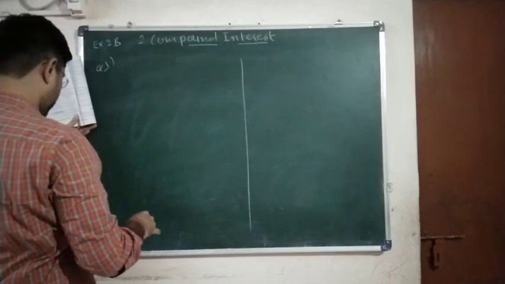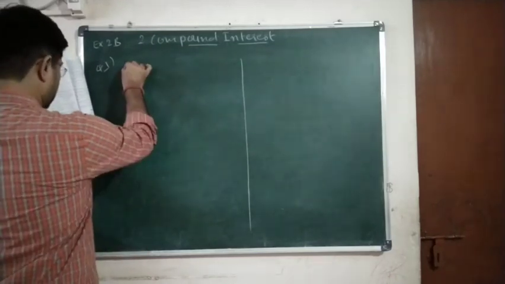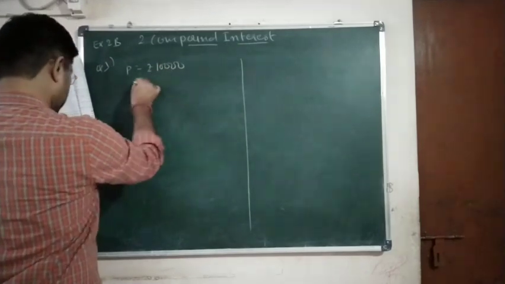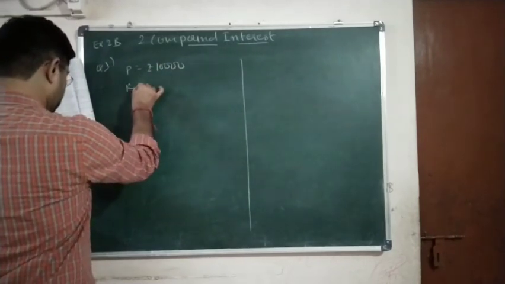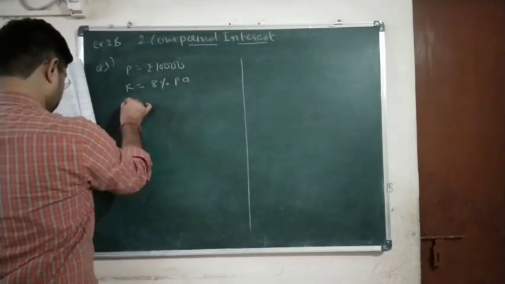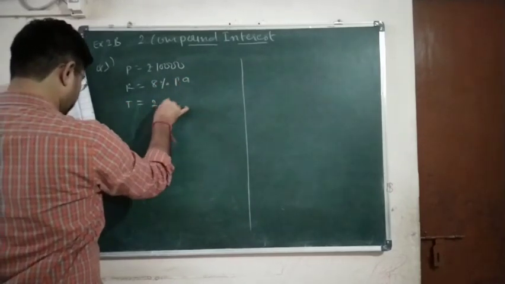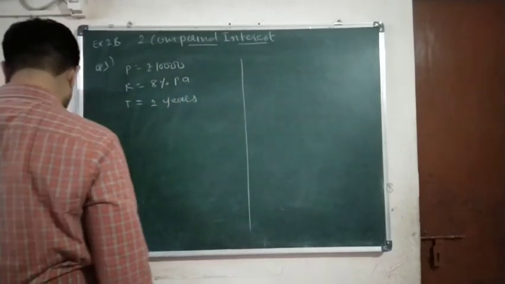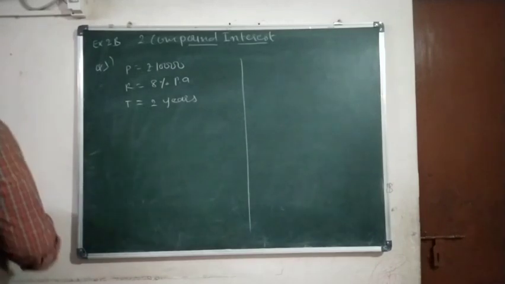Calculate the amount and compound interest on rupees 10,000. You are given the principal to be rupees 10,000. The rate is given 8% per annum and time is given 2 years. We have to find the amount and the compound interest.